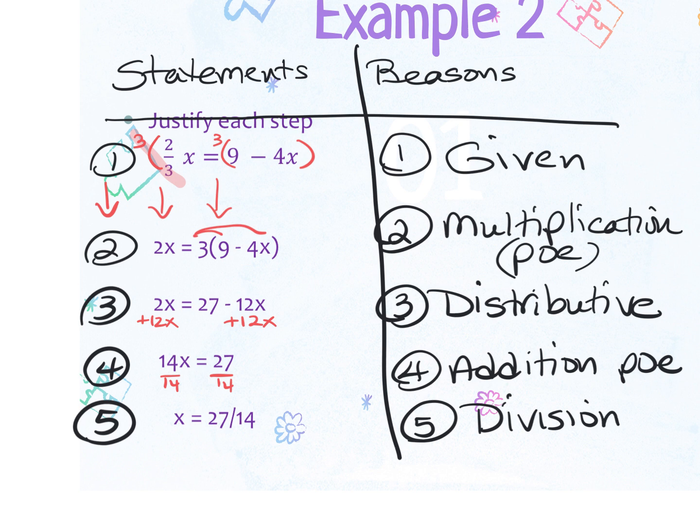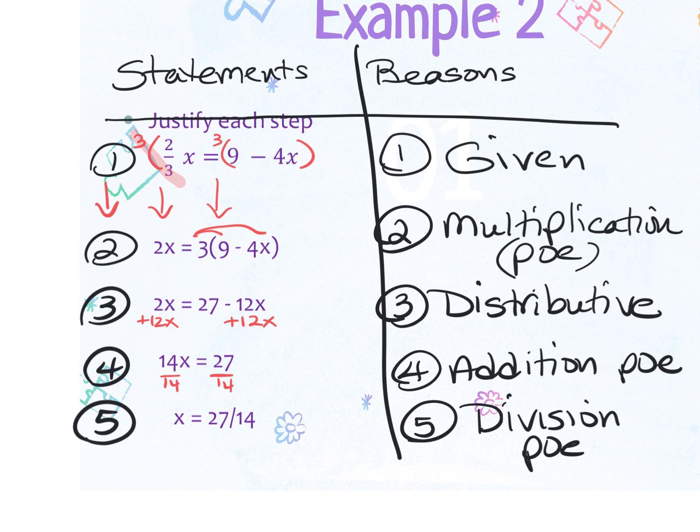So for these algebra proofs, you've been solving equations all along and finding the values of the variables. You just didn't have to describe what property you were using. Now, when you're doing these proofs on the test next Tuesday, I'm not going to give you the statements. You're going to have to write the whole thing yourself, which is what we're going to see in the next example.